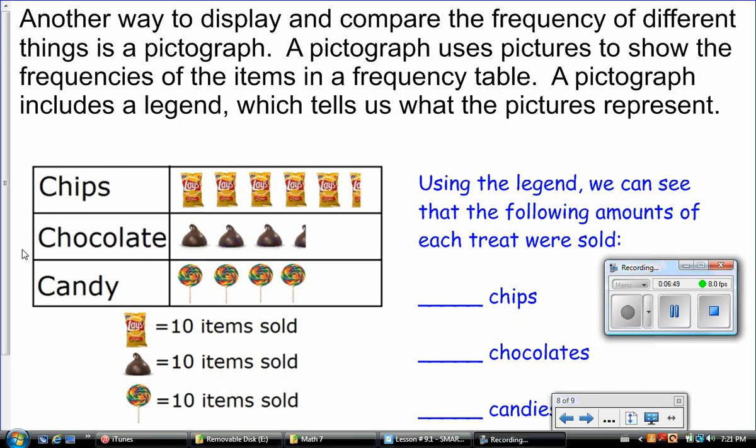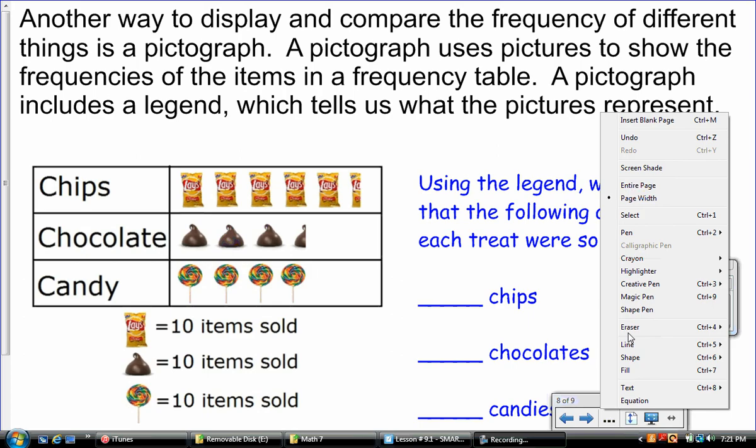So we had chips, chocolate, candy. And you can see that for each column, each individual picture means 10 of those items were sold. Okay, so using the legend, we can see that the following amounts of each treat were sold.